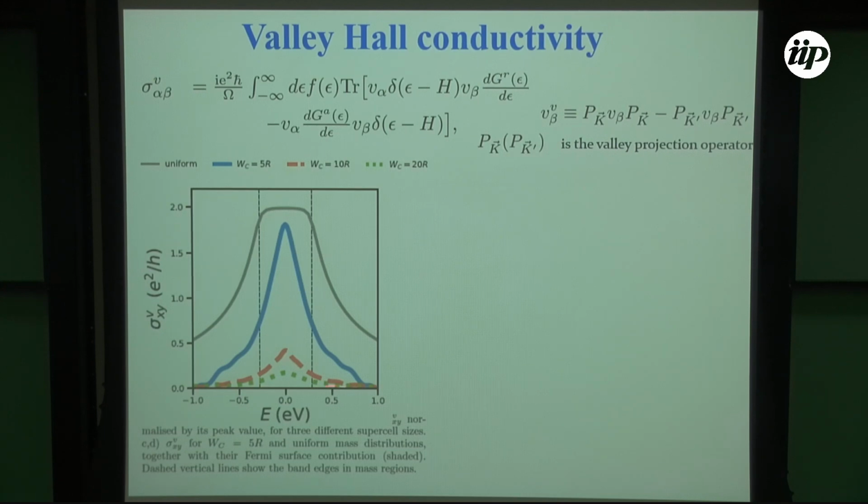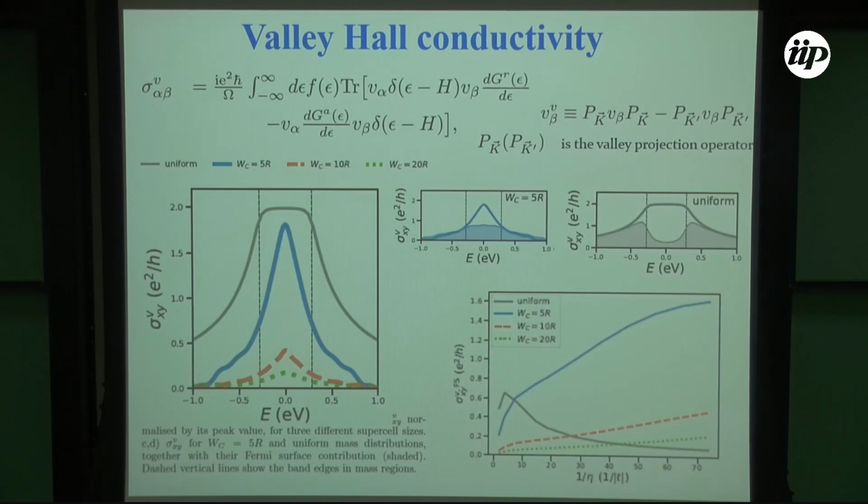So this is a calculation. All this Valley Hall conductivity will scale differently in the situation where you have a fully uniform band gap, or you have these dots distributed in the system, and we show actually that the signals will decrease with the size of the moire, for instance.